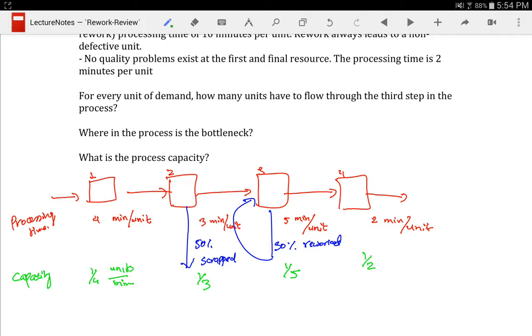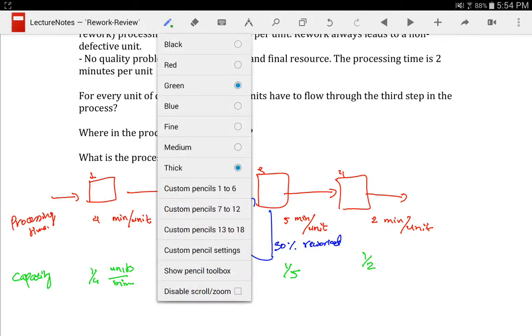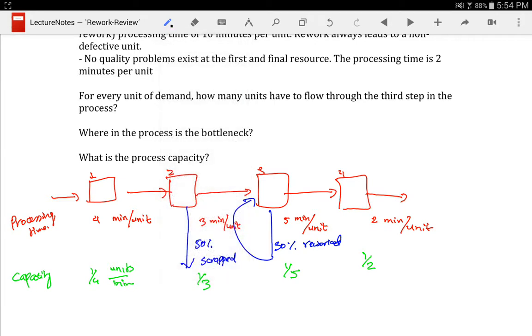Now, to account for this rework and scrap, the technique we use is the idea of implied utilization that we introduced in our second chapter. So the logic is, assume there is a demand of D, or another way to think of it is, assume the process is producing D units.